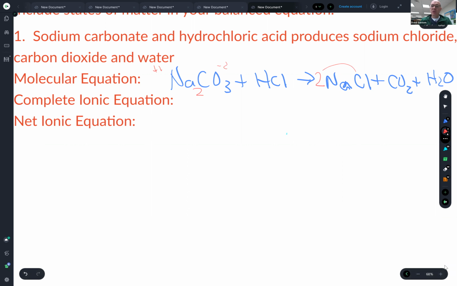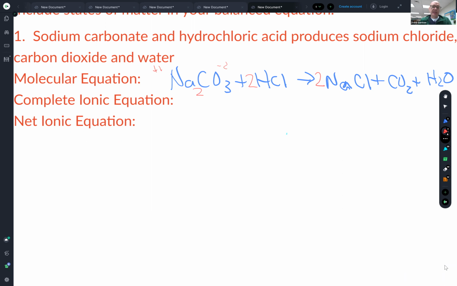And because of the 2 chlorines, I need to put a 2 right there. Well, now that does take care of the hydrogens because I have 2 on the right side. I have 3 oxygens, and there are 2 here and 1 here, so we're okay. So everything has now worked out just by taking care of those sodiums for the most part.